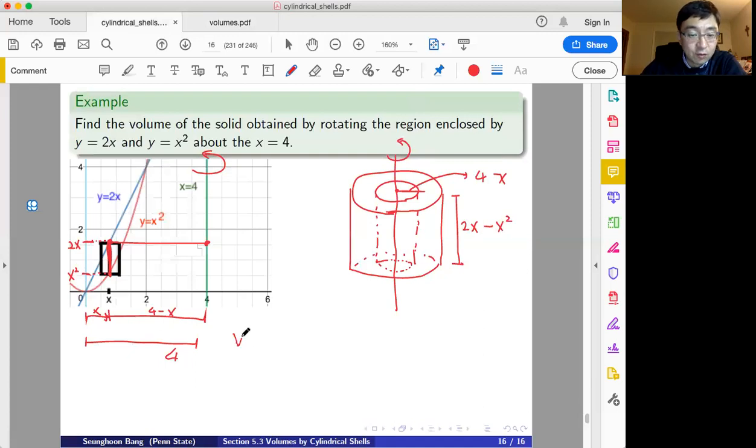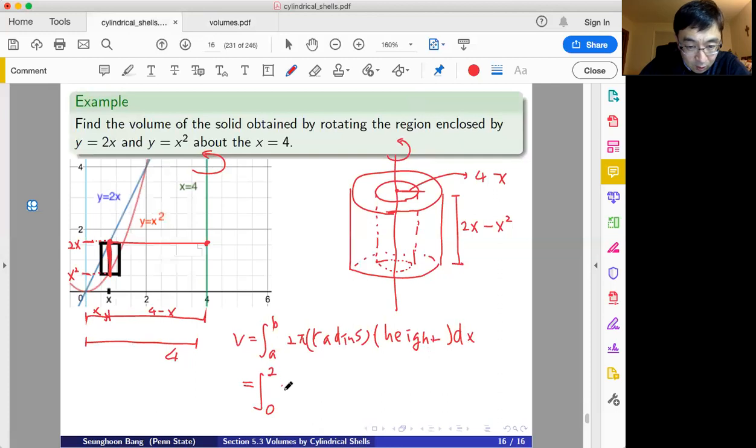So what's the volume? The volume is the integral from a to b of 2 pi times radius times height dx. So what's a to b? Always the left-hand point, right-hand point, 0 and 2, 0 to 2. 2 pi times radius.